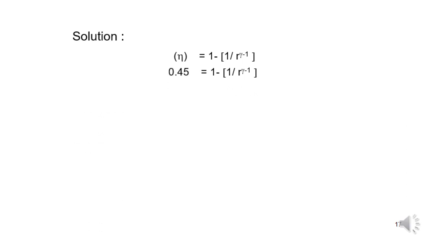0.45 is equal to 1 minus 1 divided by R power gamma minus 1. So bring this 0.45 to this side: 1 minus 0.45 is 0.55.